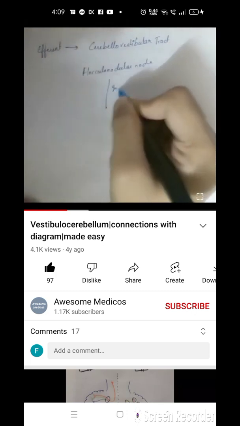Now let's see the second efferent tract, cerebellovestibular tract, and that begins from the flocculonodular lobe, and even this passes through the inferior cerebellar peduncle of the same side and ends in the vestibular nuclei.